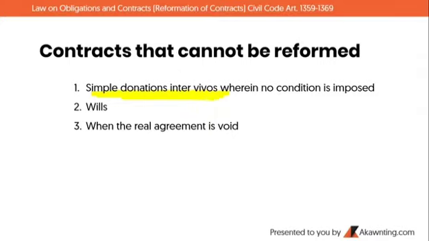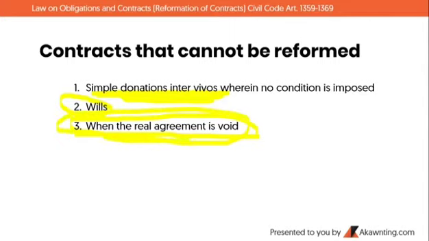Pero, yung topic na yan, mas mapag-aaralan nyo yun pagdating ng taxation sa estate tax, okay? So, ayan. Number 2, will, last will and testament, mga ganon. And number 3, when the real agreement is void. So, yun nga, kasi kung hindi naman talaga nakabuo ng contract, wala tayong i-reform, di ba?